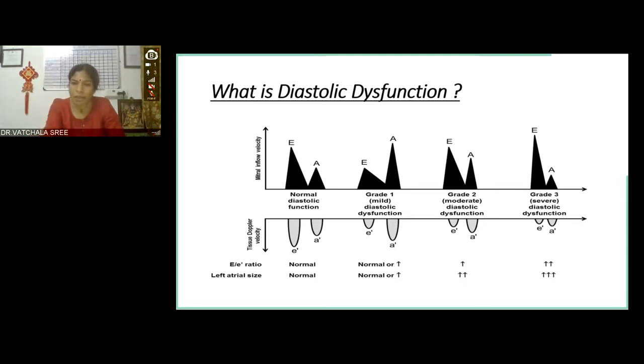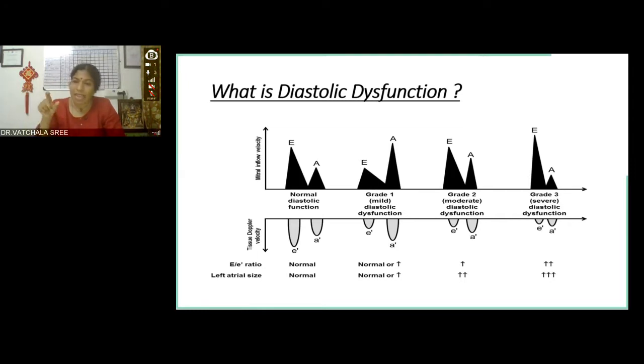Then you have grade 2 and grade 3. What happens in grade 2 and grade 3 is that, because of some disease process, be it coronary artery disease or hypertrophic cardiomyopathy or restrictive cardiomyopathy or valvular heart disease, the left ventricular end diastolic pressure has now increased.